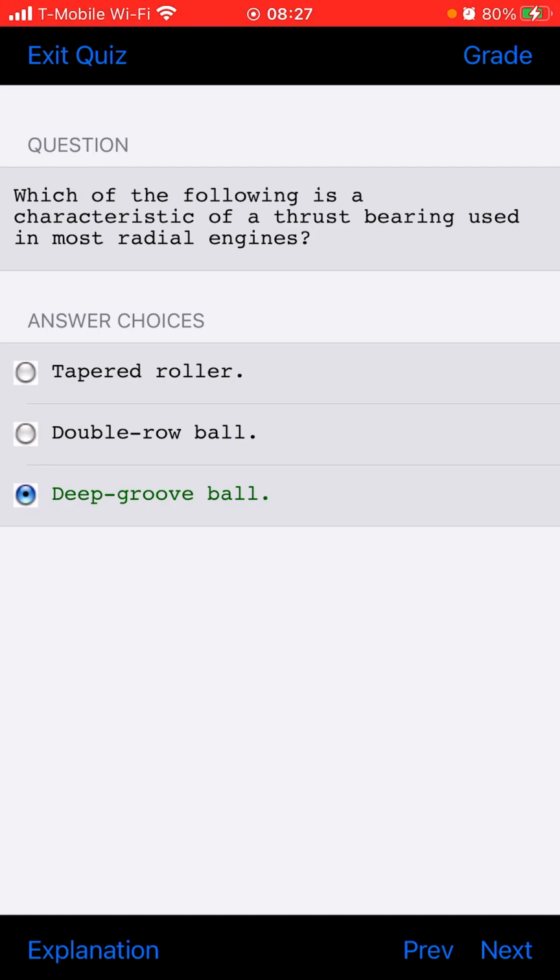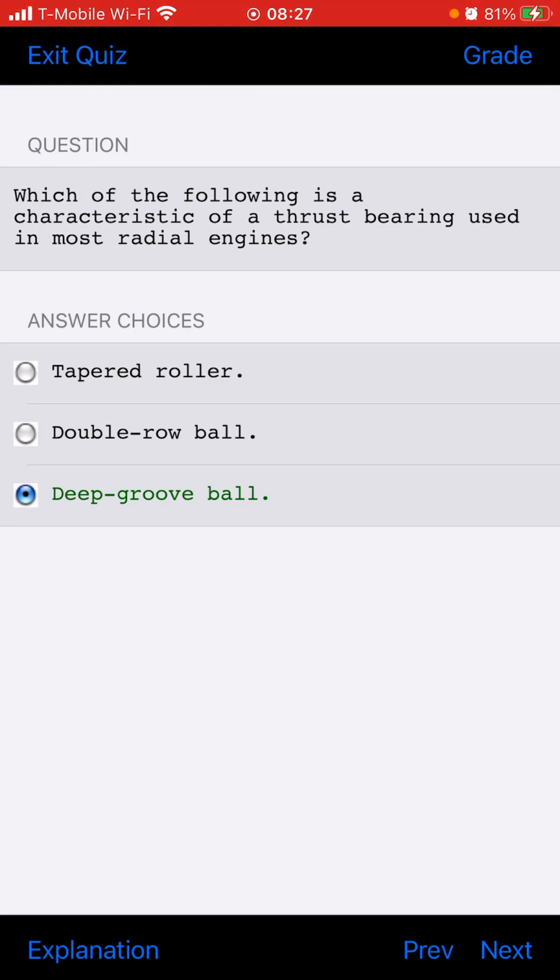Valve overlap is defined as the number of degrees of crankshaft travel during which both valves are off their seats. Valve overlap is the number of degrees of crankshaft rotation that both the intake and exhaust valves are off their seats at the end of the exhaust stroke and the beginning of the intake stroke.